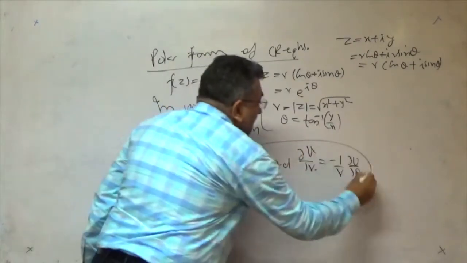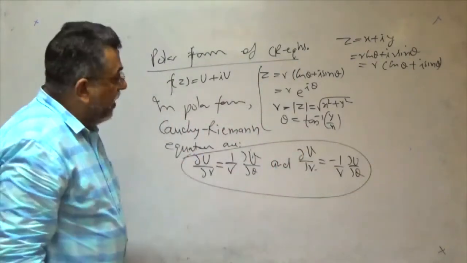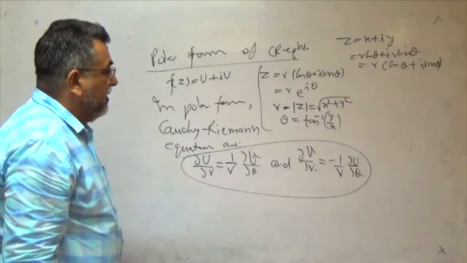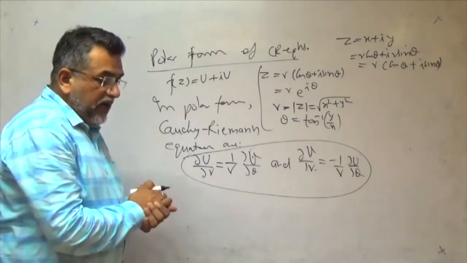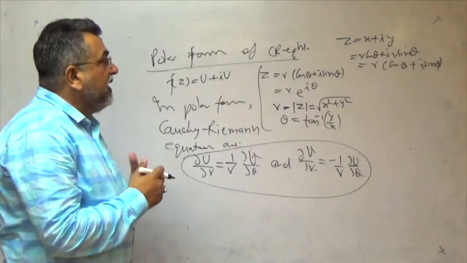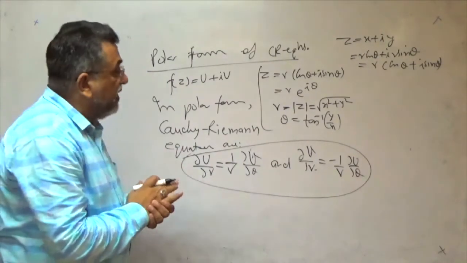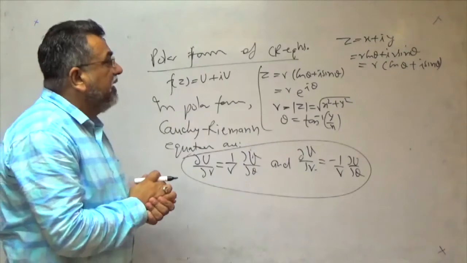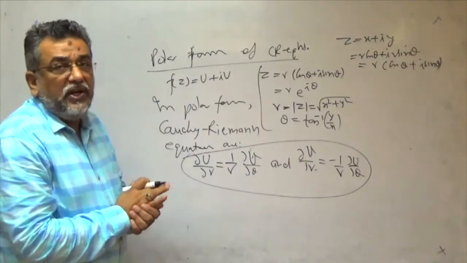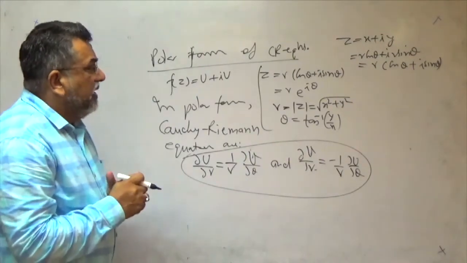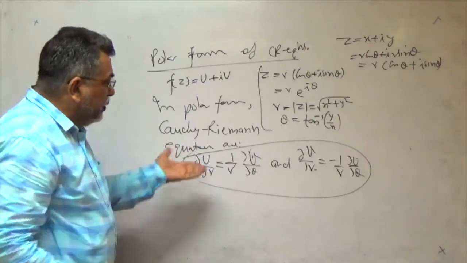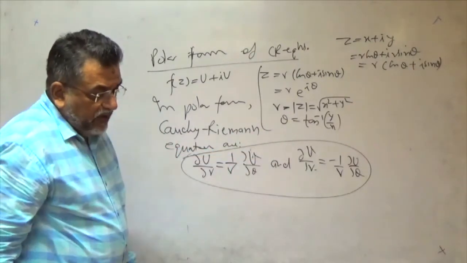These are the polar form of CR equations. It means if any question is given in polar form, a complex function is given in polar form, and you have to check the analyticity of that function, then you can check it by using this form of CR equations.